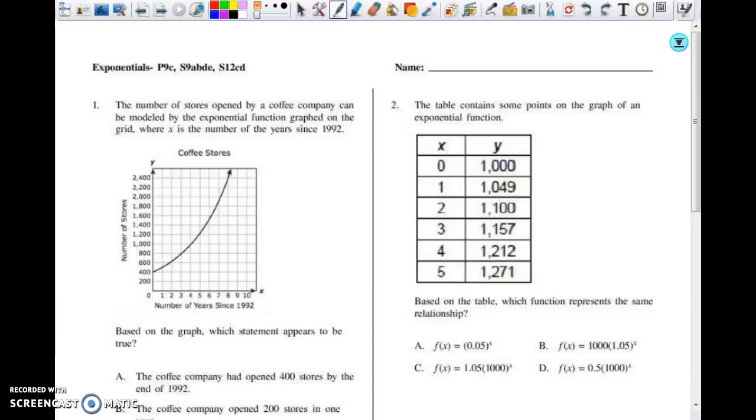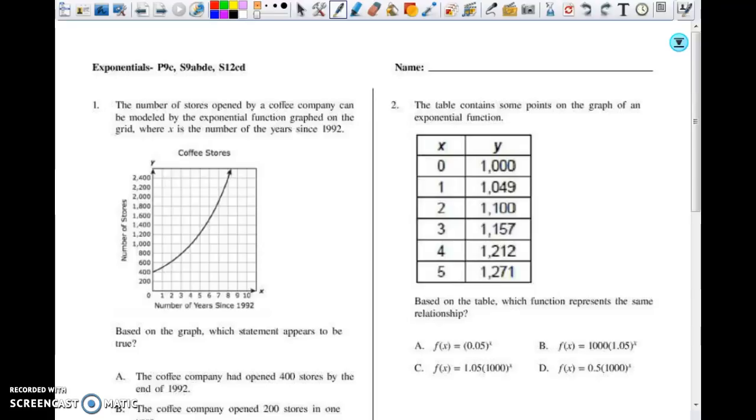To start us off, number one says that the number of stores opened by a coffee company can be modeled by the exponential function graphed on the grid, where x is the number of years since 1992. Then they give you the graph. Based on the graph, which statement appears to be true? So remember, we're starting at the year 1992.